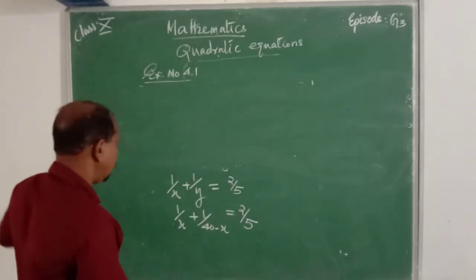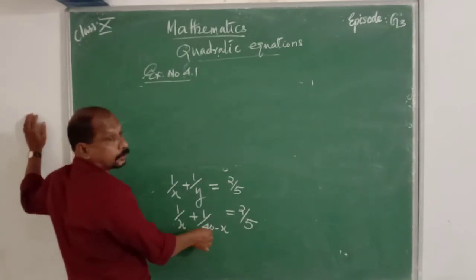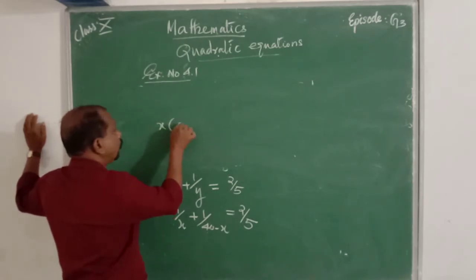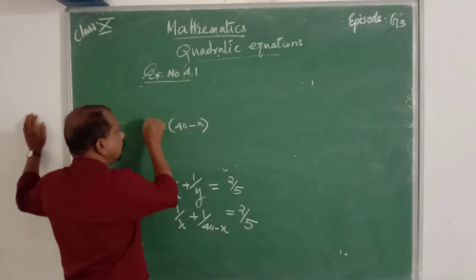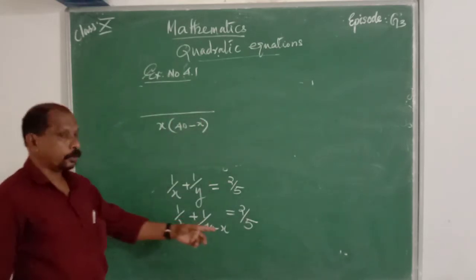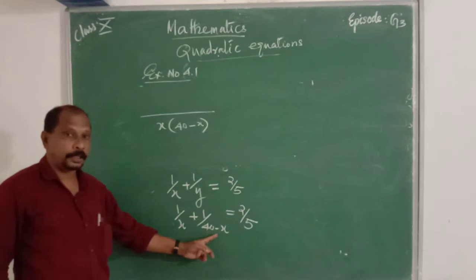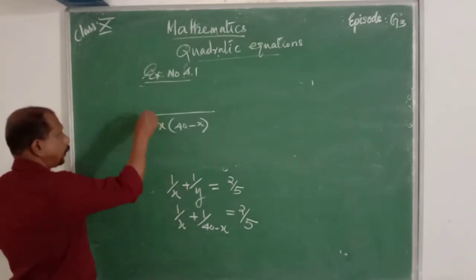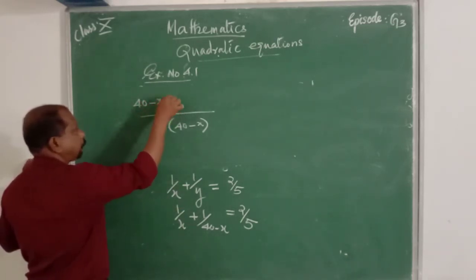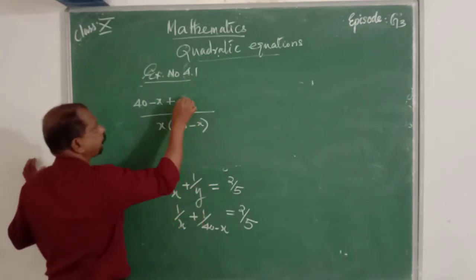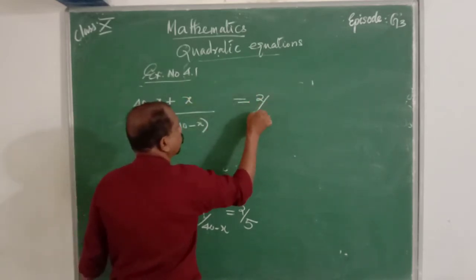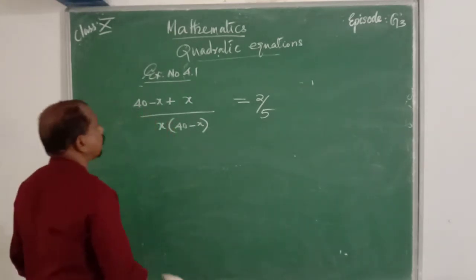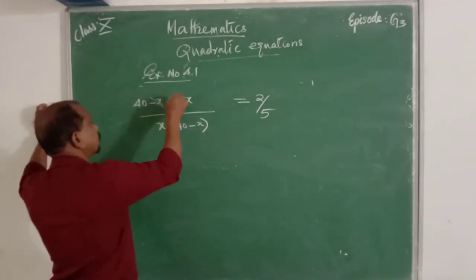That is, x and 40 minus x are the denominators, therefore the product is the LCM. Therefore, x into 40 minus x upon, then cross multiplication, 40 minus x goes to the first numerator, x goes to the second numerator. That is 40 minus x plus x is equal to 2 by 5. Then x and minus x cancel.